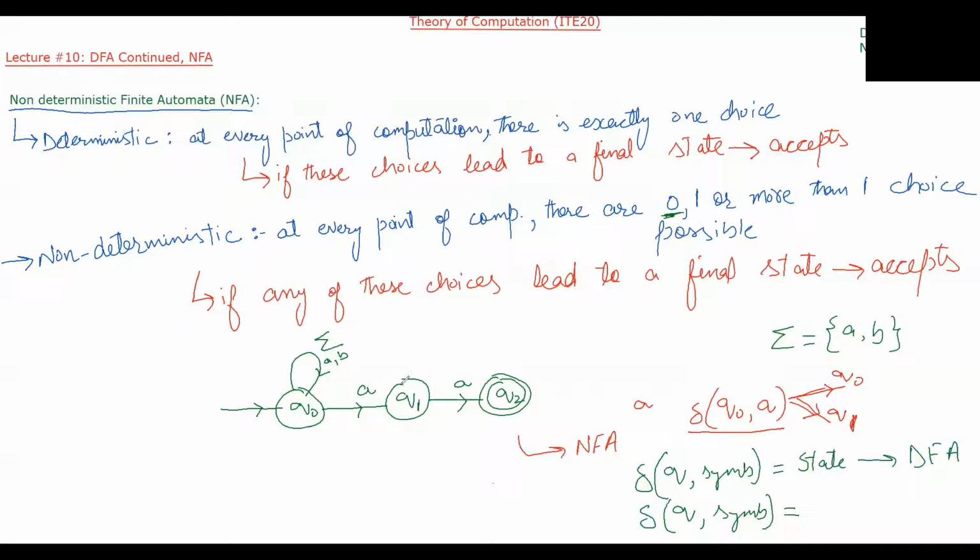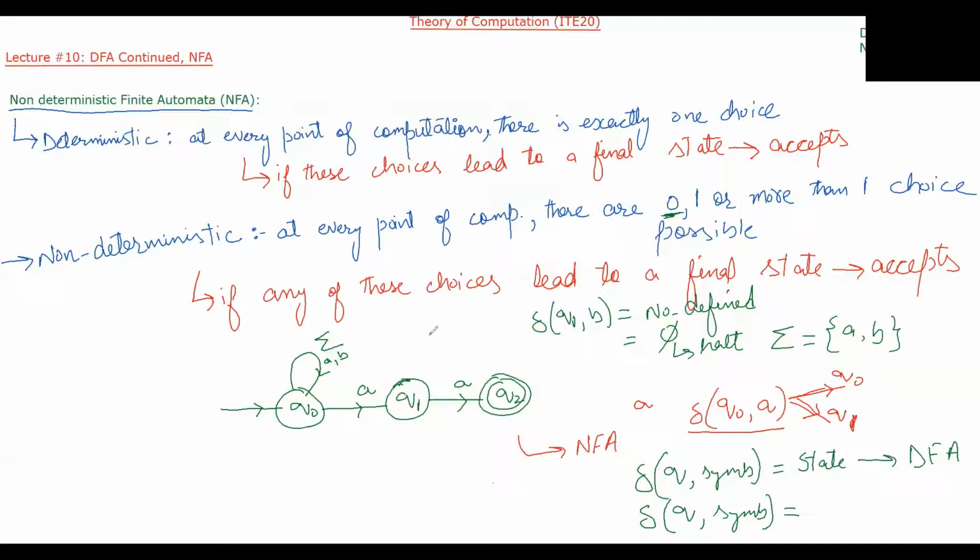For example, here, let's take Q1. If at Q1 B comes, where will it go? No transition is defined. No transition means it will go to the empty state, or we will say it will halt. Halt means it won't go anywhere.